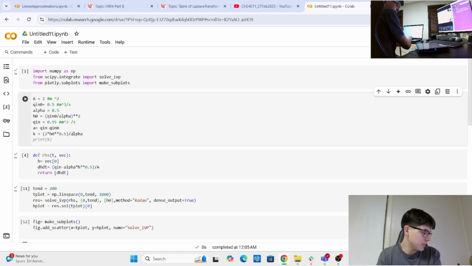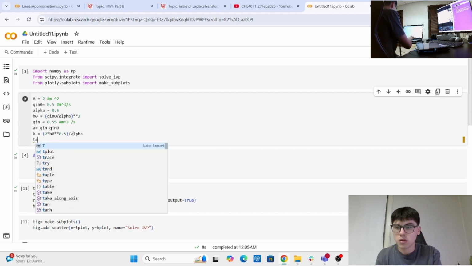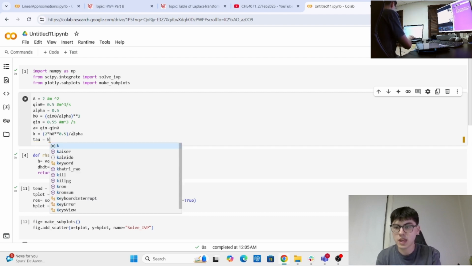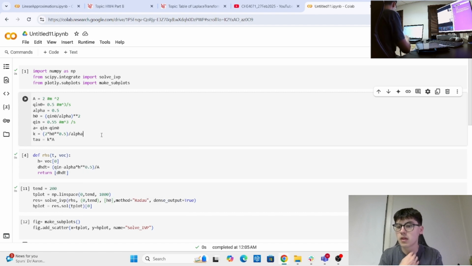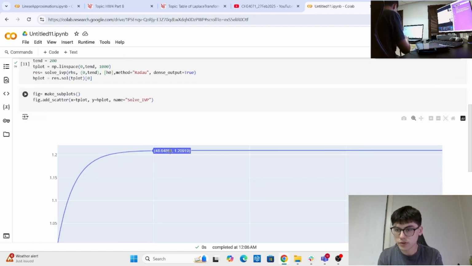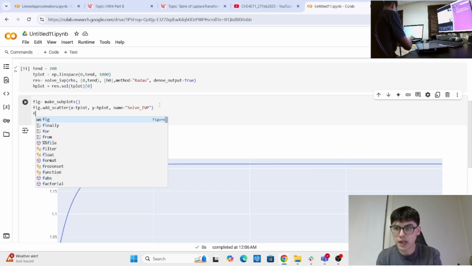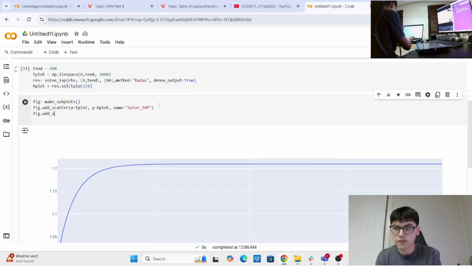And then we had tau, and that was just equal to k times a. So now we can go ahead and add another line to our plot and investigate the relationship between the numerical solution and analytical solution.